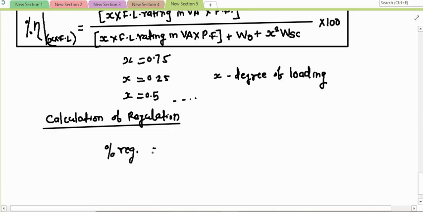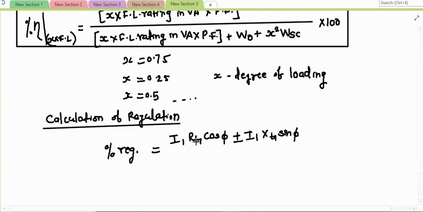Percentage regulation equals I1 RT1 cos phi plus or minus I1 XT1 sin phi, divided by V1.